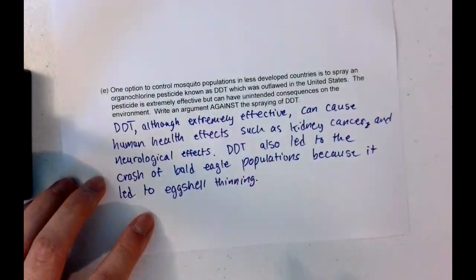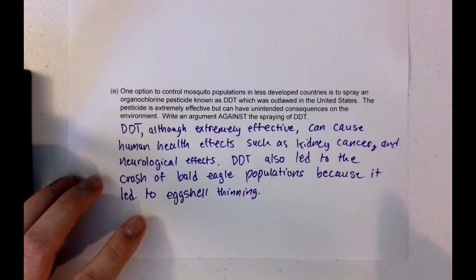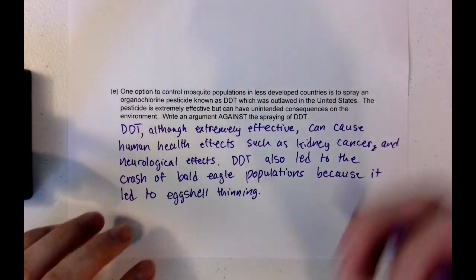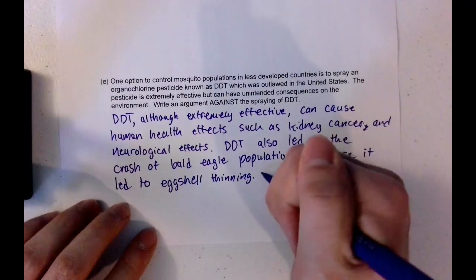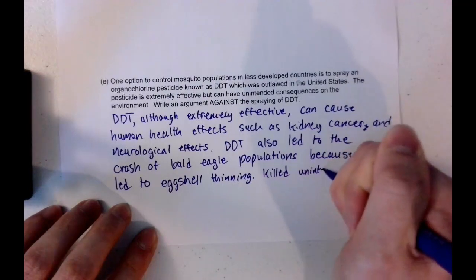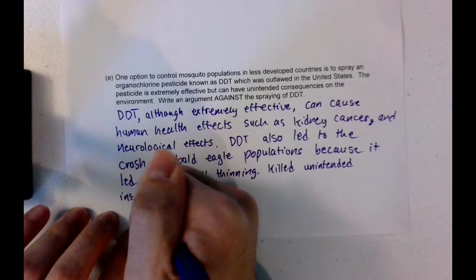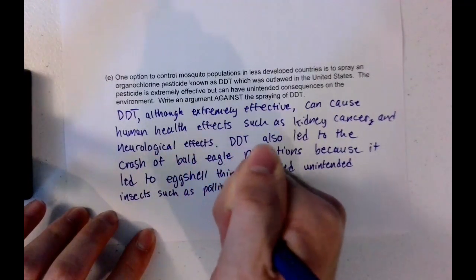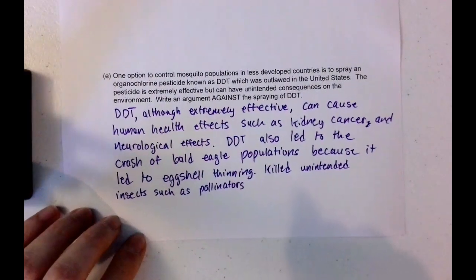Remember, the bald eagles tried to incubate their eggs, and then they sat on them, but then when they sat on them, it actually just crushed their eggs, and then it led to their population crash. You can say tons of different stuff. You can say killed unintended insects, such as pollinators. You can really say a ton of different stuff. DDT was bad.